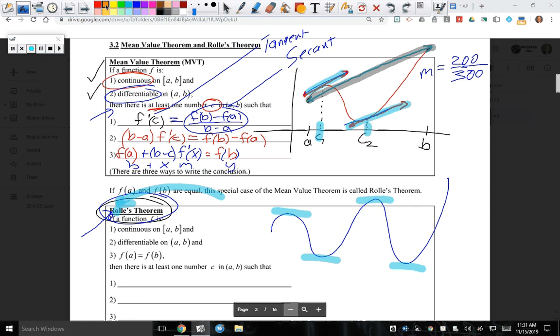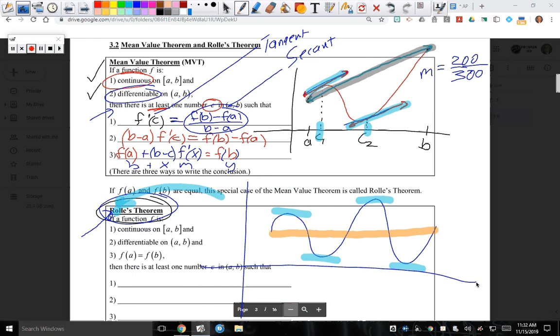No. Because the secant slope is not 0. For you to use Rolle's theorem, the endpoints have to be the same y value. Because if they have the same y value, their y2 minus y1 over x2 minus x1 is going to be 0.